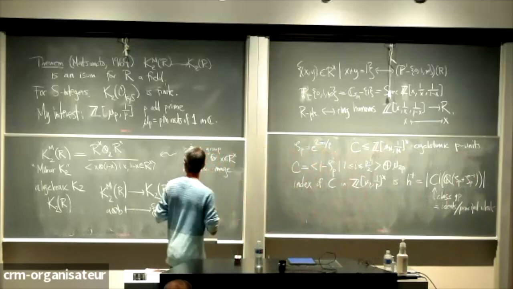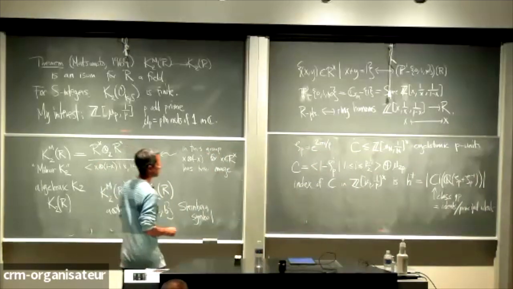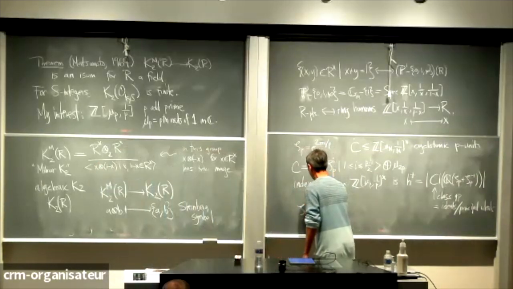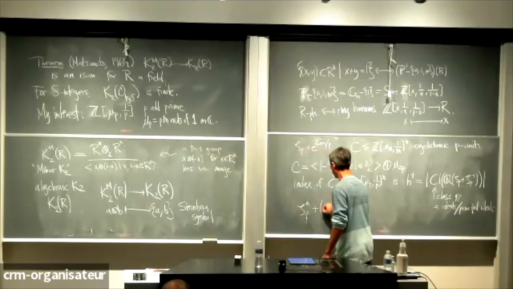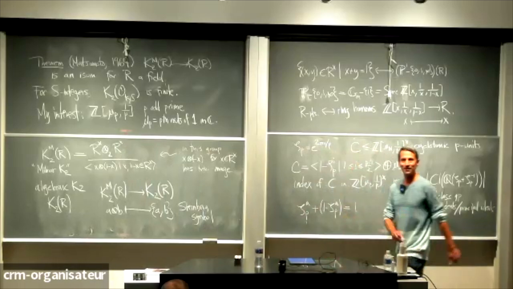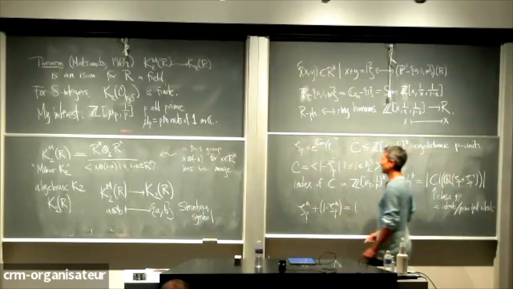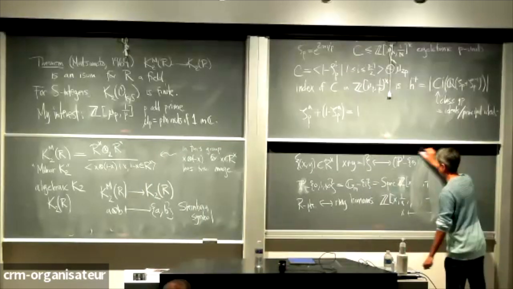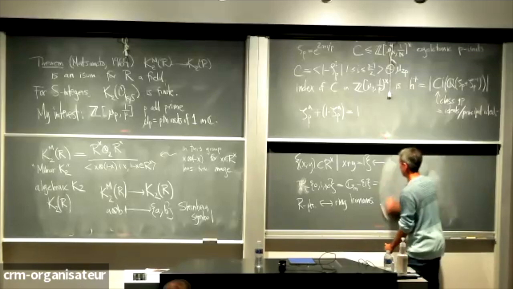they give you lots of solutions to the unit equation. Maybe you've noticed some already, I don't know, but here's one: ζ_p^a plus (1 minus ζ_p^a) equals 1, for all a. So maybe a slightly more interesting family.